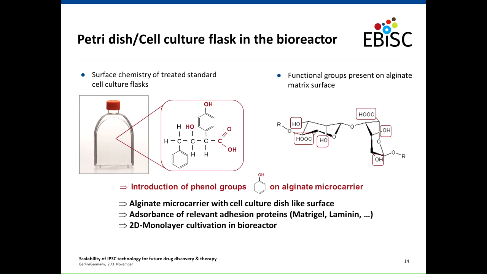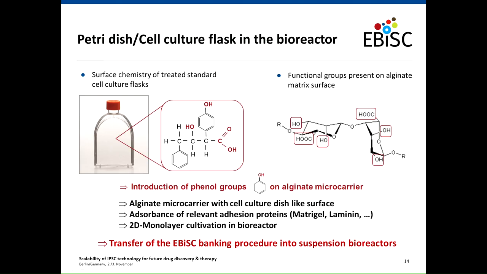And then you can bring your adhesion proteins onto the microcarrier just by adsorption. With this, you are very flexible. You can use Matrigel, laminin, vitronectin, everything that you can use with your standard protocols on your standard flasks and plates is now possible with this technology. So this is the way to transfer the established 2D monolayer culture into the bioreactor system.